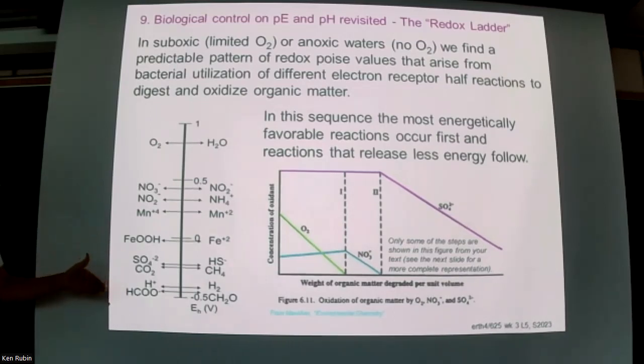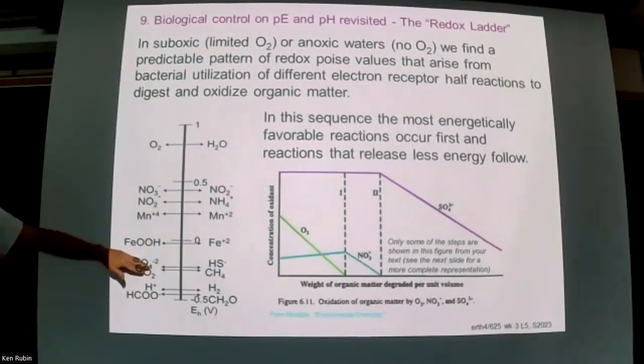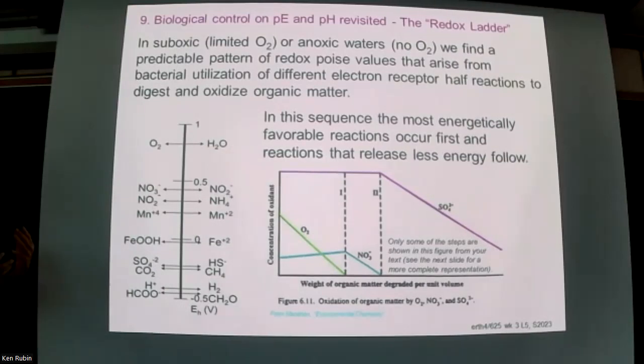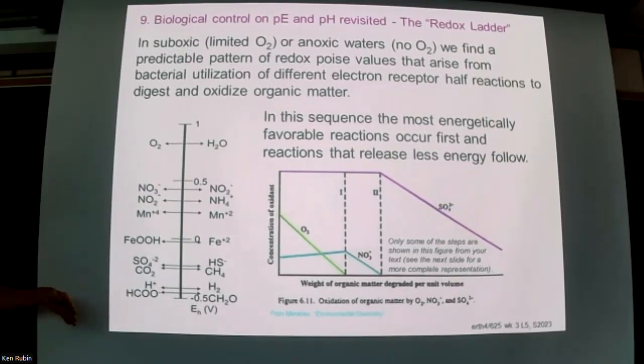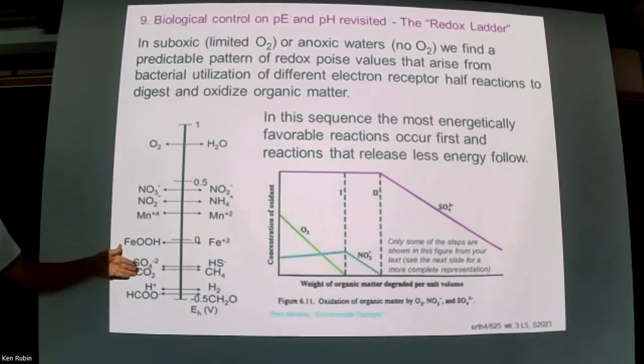It's generally not the case that we can do this and this at the same time. We do them in sequence because they are done by organisms, and the organisms are adapted to live in specific sets of conditions, and there are very few microorganisms that do this reaction that can live in the environment where this reaction is also happening.